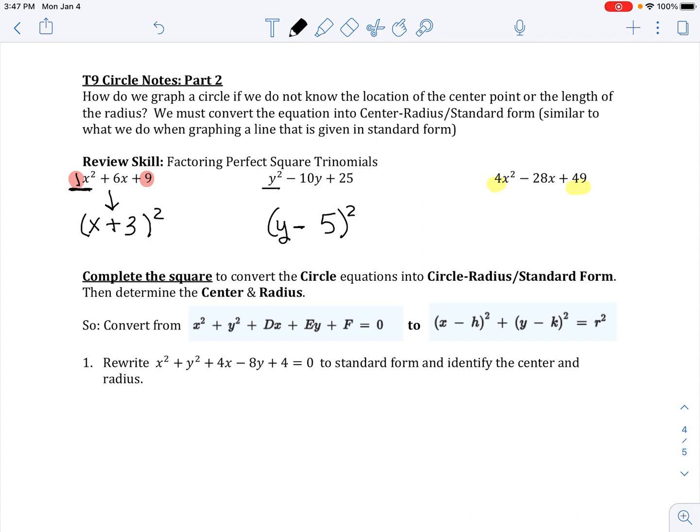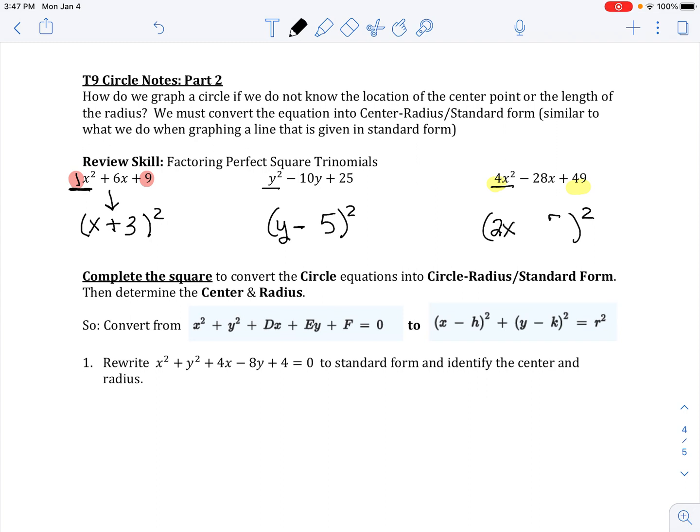Now, something else I need to point out, in a perfect square trinomial, the second sign is always a plus. So it's always plus c. So plus 9, plus 25, plus 49. How do we factor that? That's going to be the square of, so now you're going to square root 4x squared, and that's 2x.